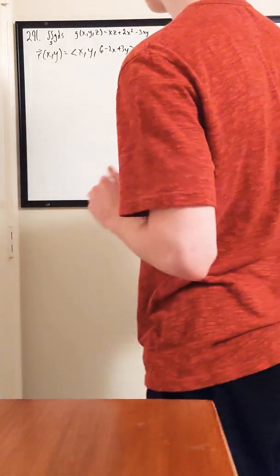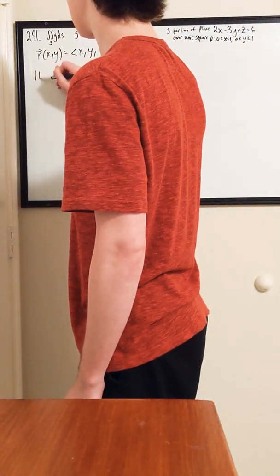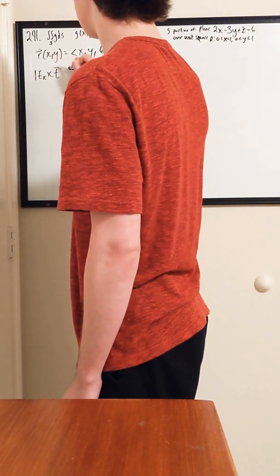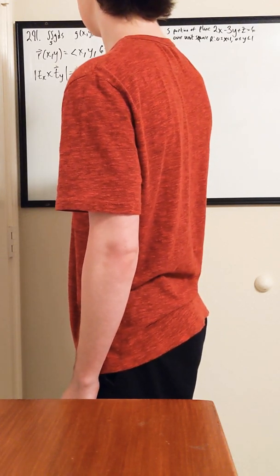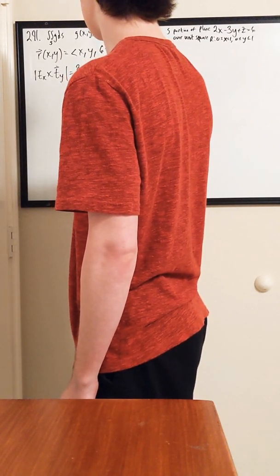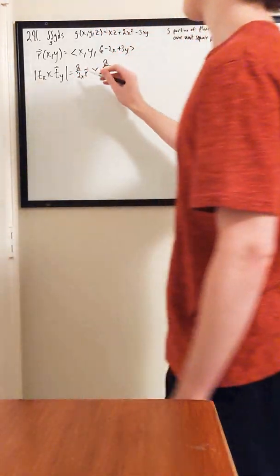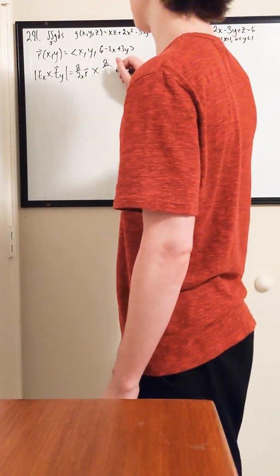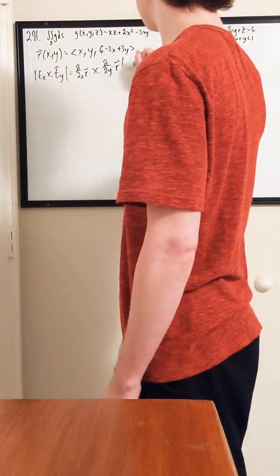Then I'm just going to find the magnitude of the cross product of the partial derivative of r with respect to x and the partial derivative of r with respect to y.